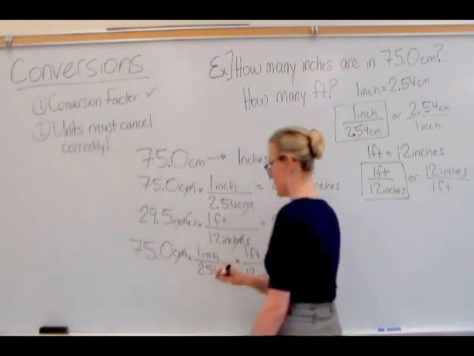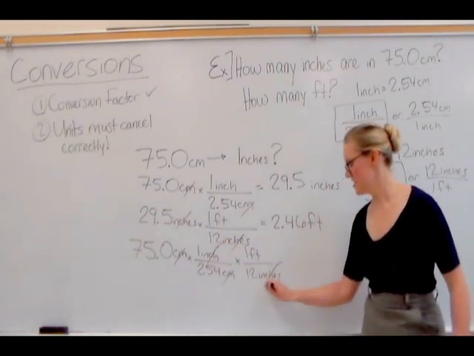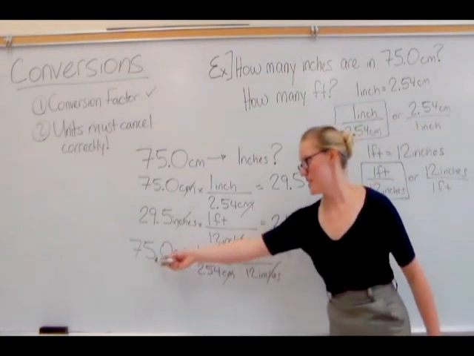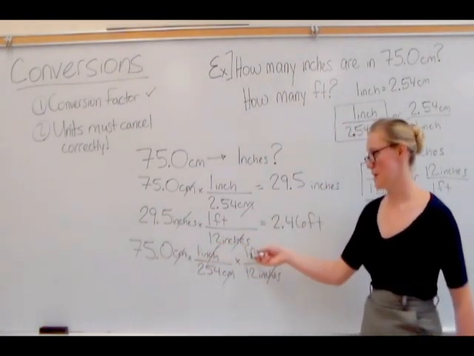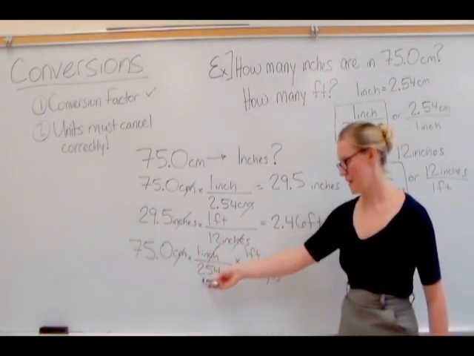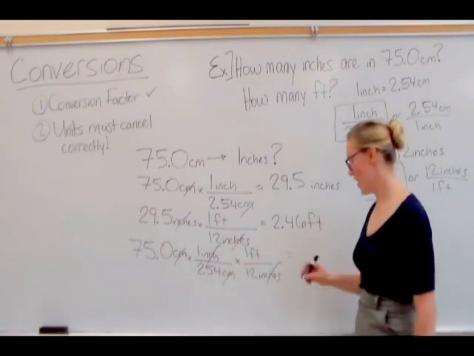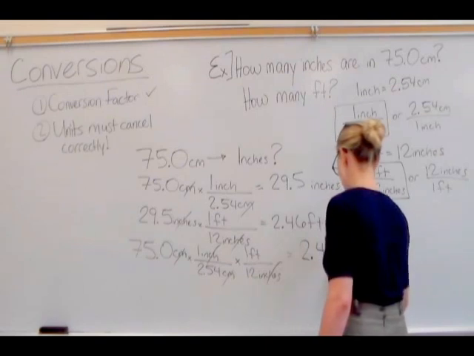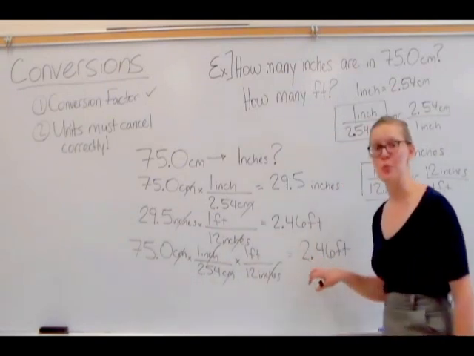And so the centimeters would cancel, the inches would cancel, and all we're left with is feet. We would say 75 times 1 times 1, then divided by 2.54 divided by 12, and we would get the same answer, 2.46 feet.